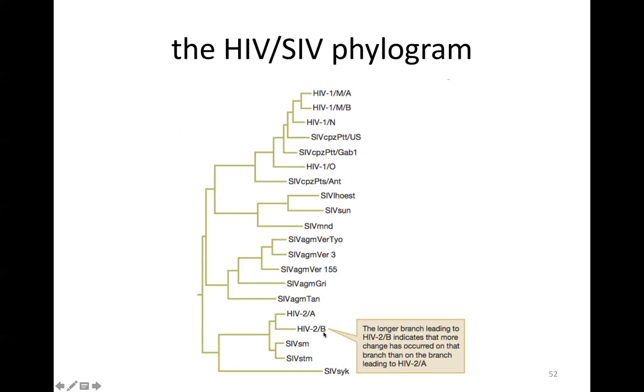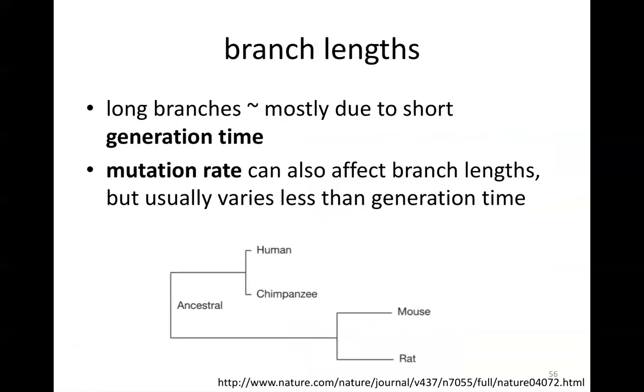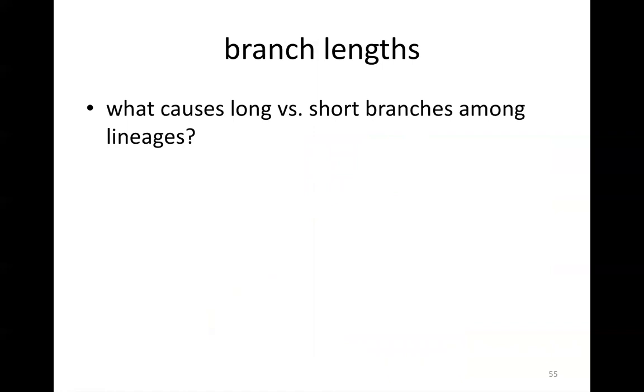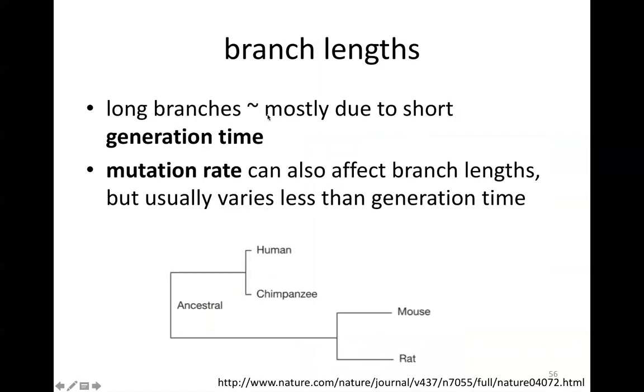Why should one lineage be changing more than another lineage? And I think we also gave a potential answer to that. If one is transmitted more often, it will also be changing more often. So there are two main explanations, but one is a much more common explanation.